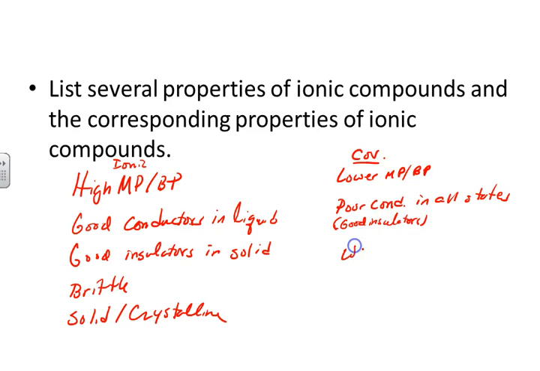They tend to be waxy when solid, or liquid or gas at room temperature. So they're not going to be brittle, and instead of being solid and crystalline, if they're solid, they tend to be waxy, with lower melting points, and they also have a tendency to be liquids and gases depending on the substance.